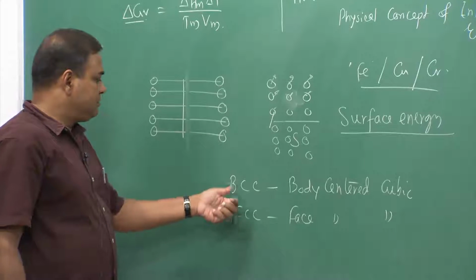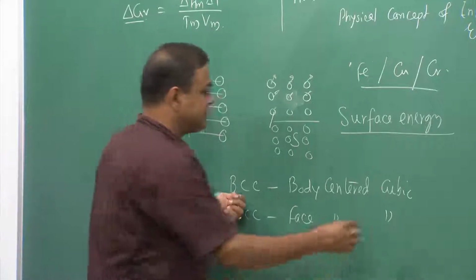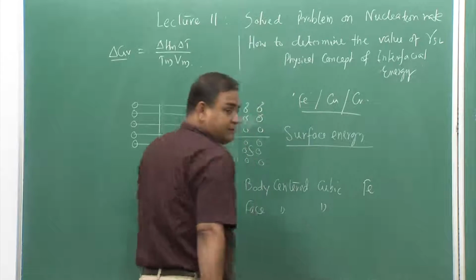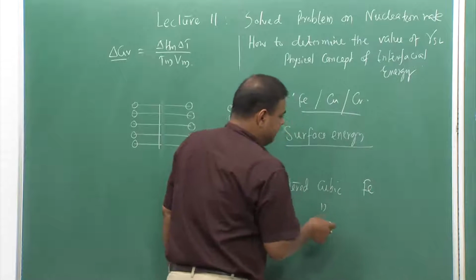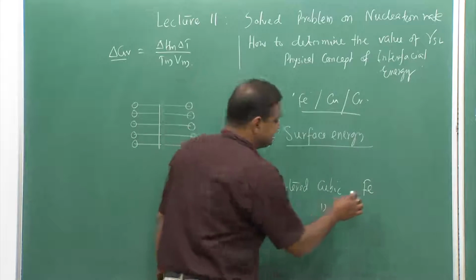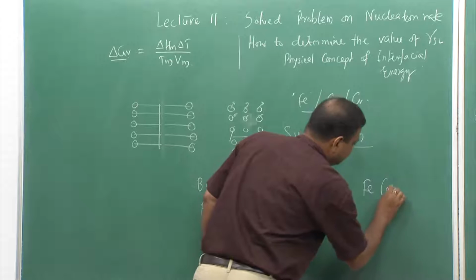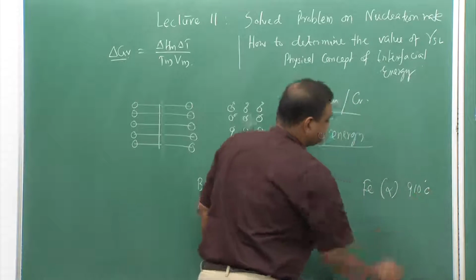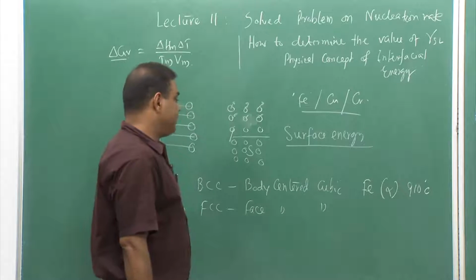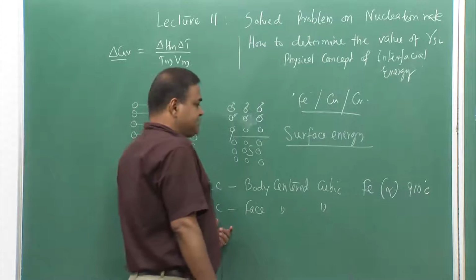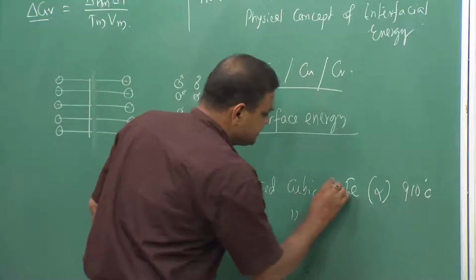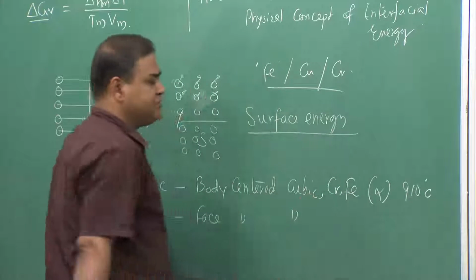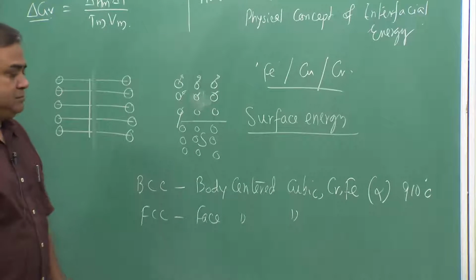And whenever we talk about BCC, we have the example of iron, and if it is pure iron, this BCC stays, if it is alpha, up to 910 degrees Celsius. And for FCC, one example, and also there is an example of chromium. Chromium is a BCC metal.